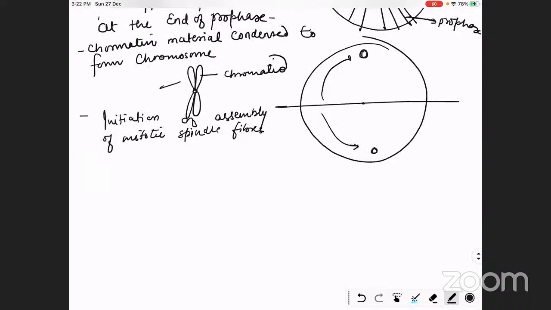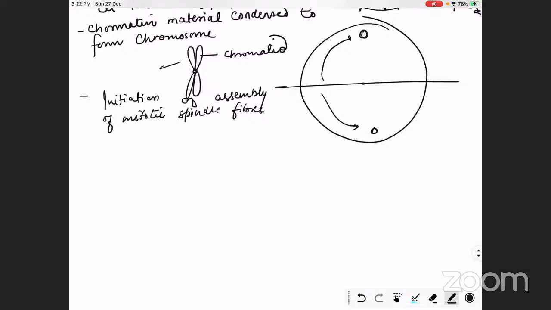And we will not observe any Golgi apparatus, endoplasmic reticulum, or nucleolus. Nothing will be visible at the end of prophase, and the nuclear envelope is not visible. So all will be removed.